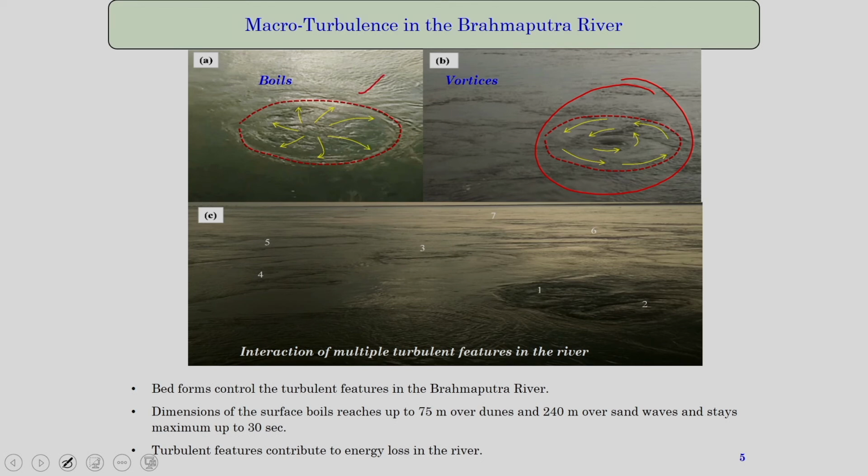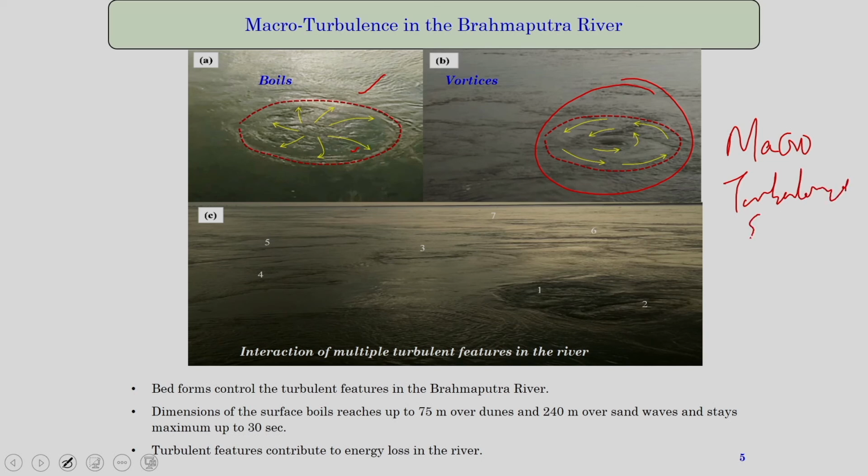There are boil formations, where a vortex is formed from the ground, grows, and then dissipates. So these types of processes also happen in the Brahmaputra river. Not only that, if you look at a bigger snap of photos, you can see a similar series of vortex and boil formations. And these are the macro turbulent structures.